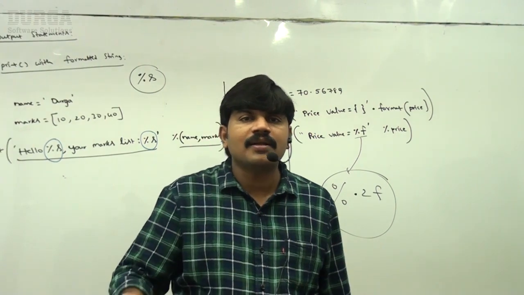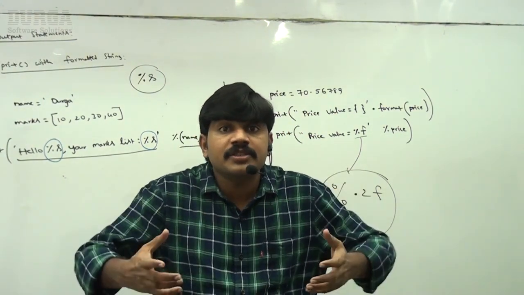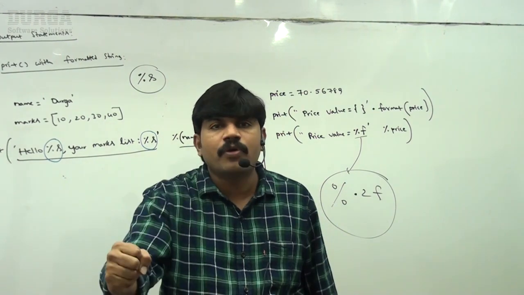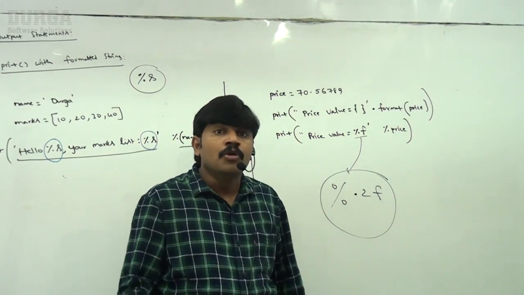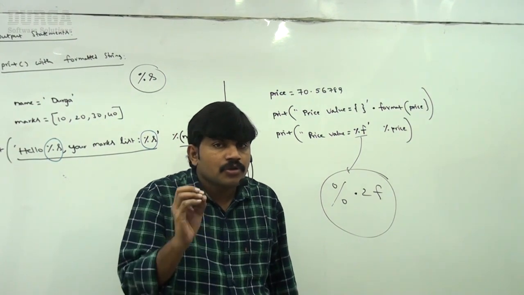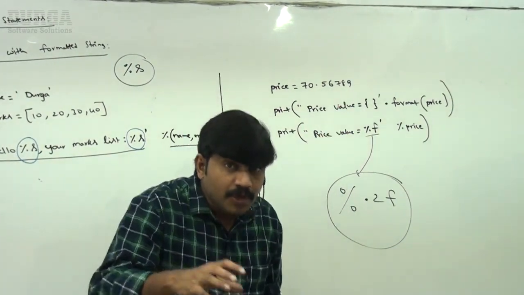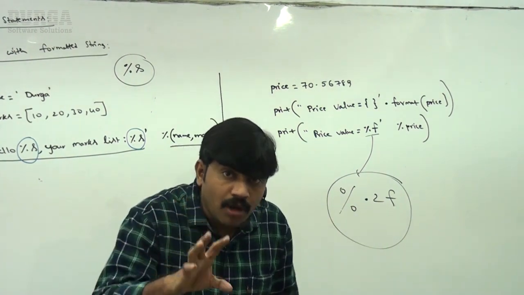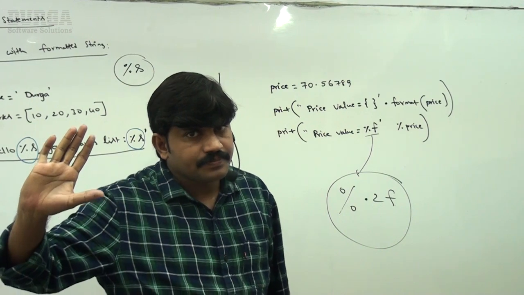If the name is not 20 characters, add spaces. Okay, such a type of formation. If you want that, then better to go for the formatted string. The formatted string is also a most commonly used thing, sir. So if you want a simple replacement, use the normal replacement operator, sir, but while printing, if you want a particular format also, it is better to go for the formatted string. Are you getting the basic idea?